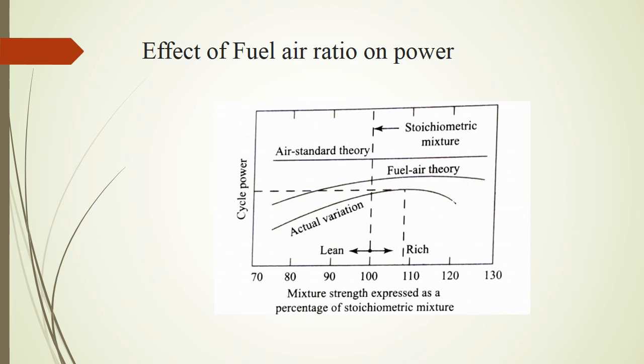Fuel-air ratio affects the maximum power output of the engine. As shown in the figure, as the mixture becomes richer after a certain point, both efficiency and power output fall or drop, as can be seen from the experimental curve.